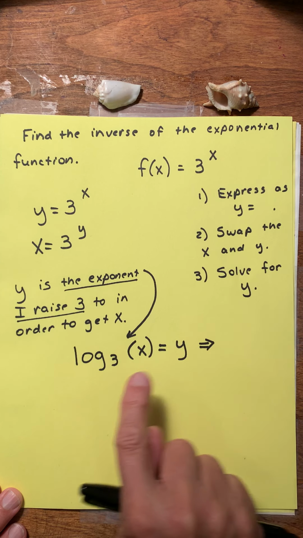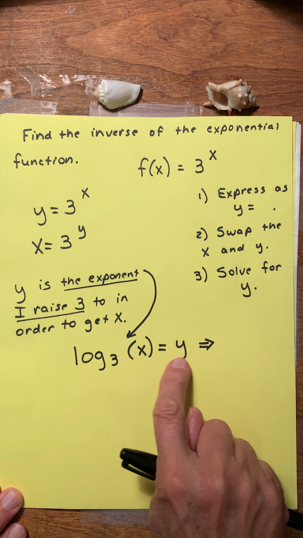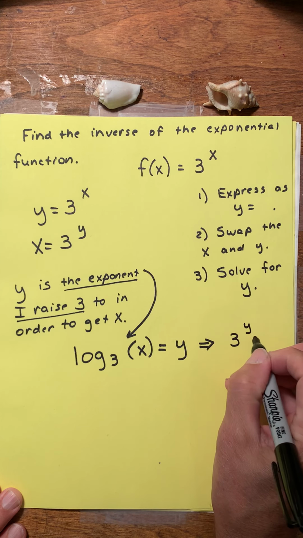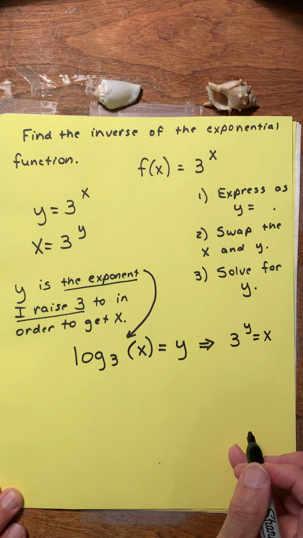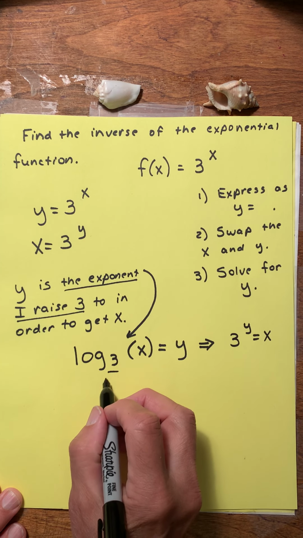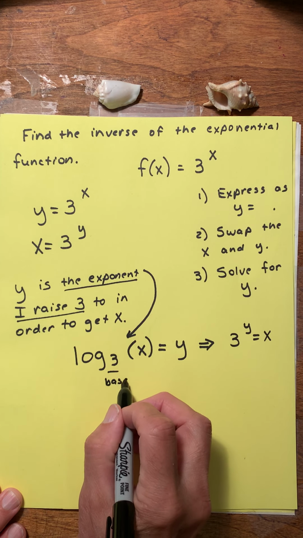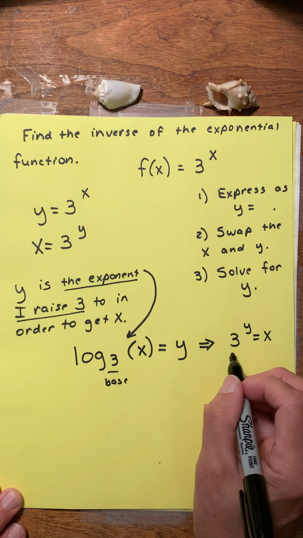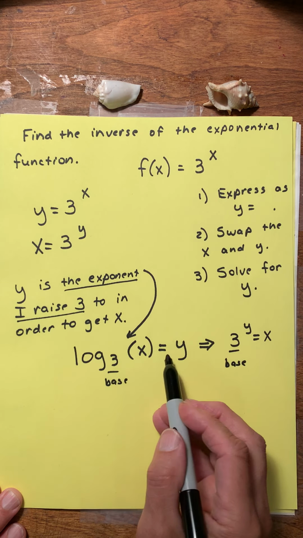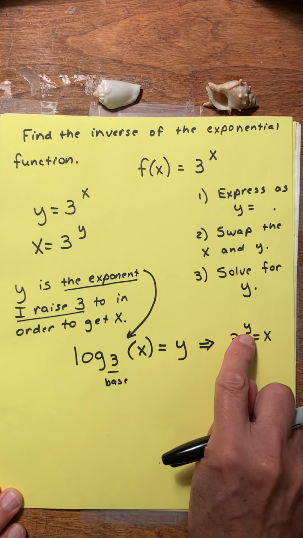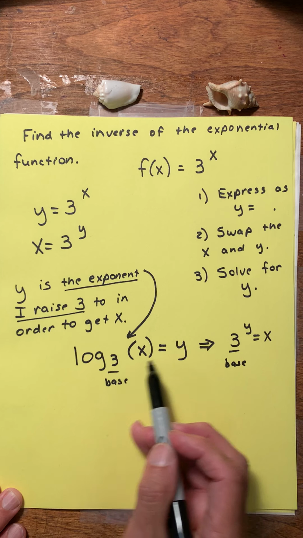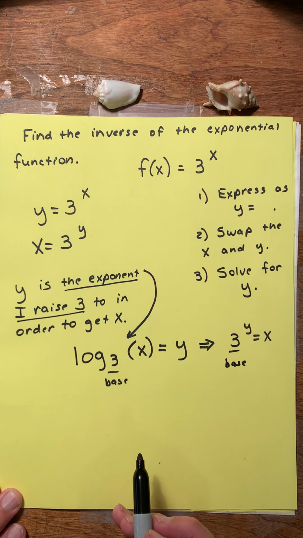And here's how you do it. 3 to the y is x. Well, that was easy. Base, base. Another way to read this is log base 3, and the exponent is the log. Log base 3 of x is y. Another way to say that, 3 to the y power is x.